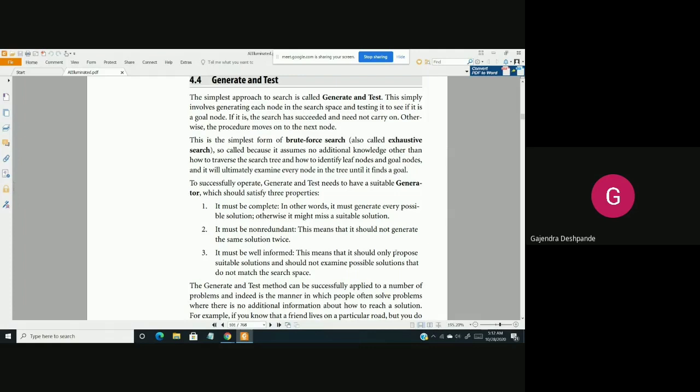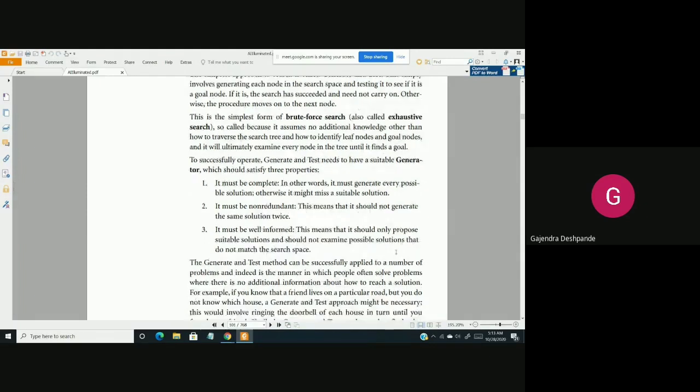For example, if I want to reach Bangalore from Belgaum, then I should get the ticket price from Belgaum to Bangalore. I don't want the ticket price from Hubli to Bangalore. It should not display that. So these are the three properties a generator must satisfy: complete, non-redundant, well informed.